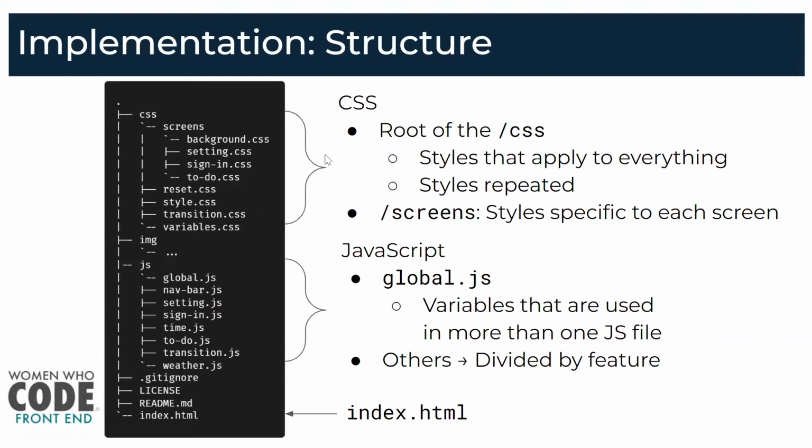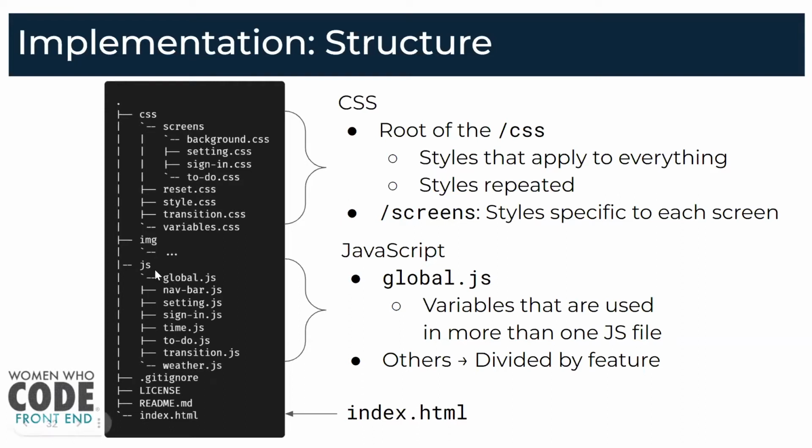So the CSS files that are not in the screens directory are the styles that apply to everything, or the styles that are used repeatedly. And inside the screens folder, I put the styles that are specific to each screen. By screen, I mean the home page or the to-do list or settings, etc.